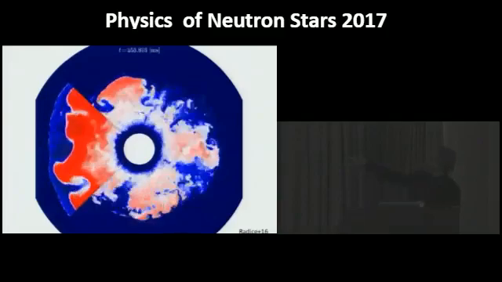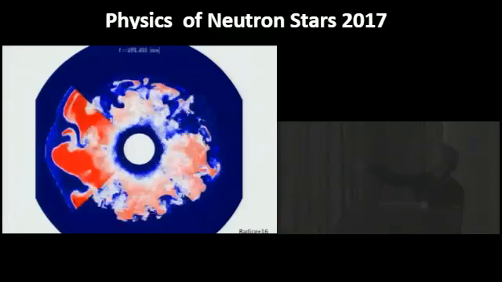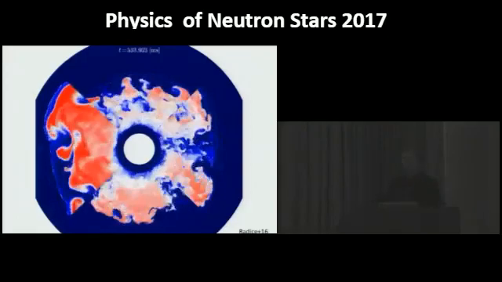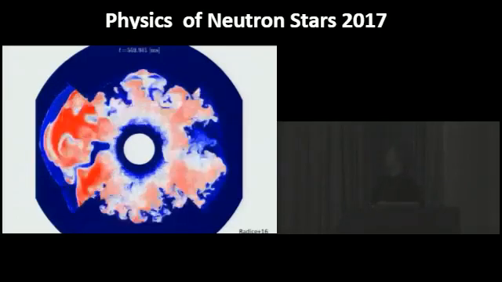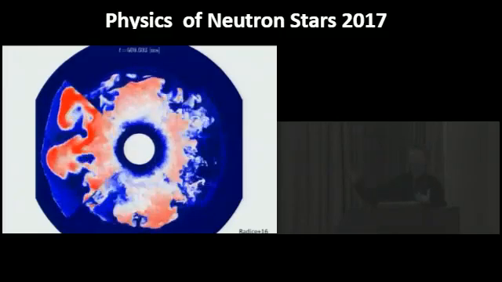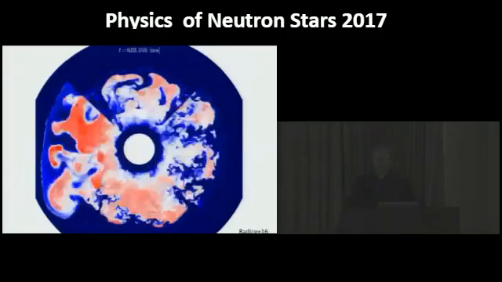But this is sort of the typical resolution that most of the large-scale, full 3D, full physics simulations can currently afford. So there's a lot of work to do until we have a resolved answer.